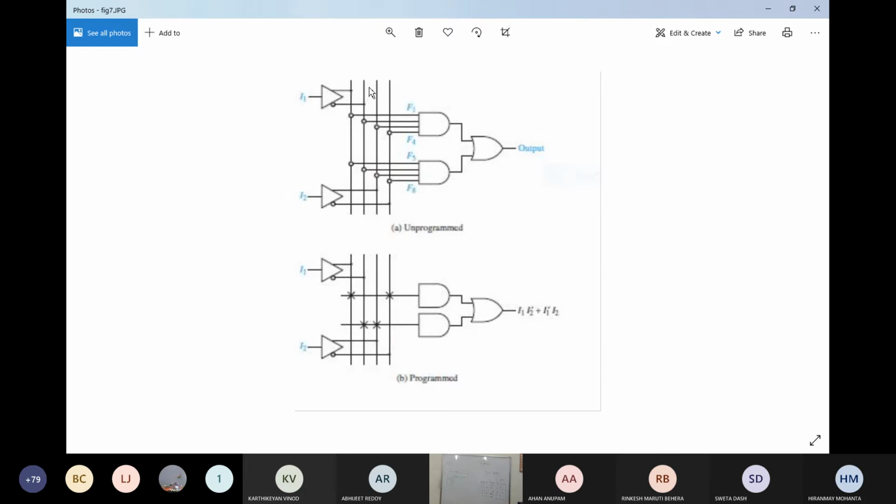Now if you carefully observe this one and this one, you will understand what exactly the programming is. Now if you see here, this switch and this switch, what is happening? These two switches, they are entering into the AND gate, right? And these two switches, they are also entering into the AND gate. So then afterwards the OR gate came. But how has the expression been coming here?